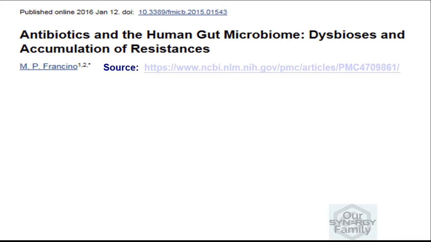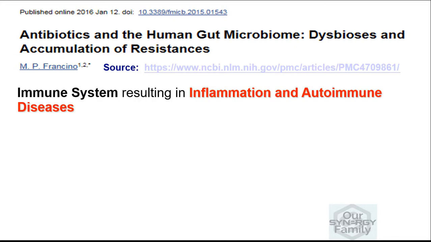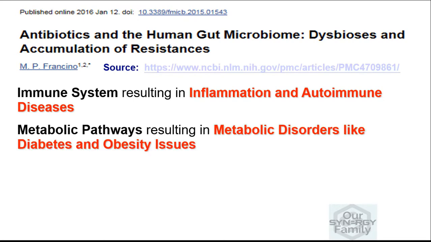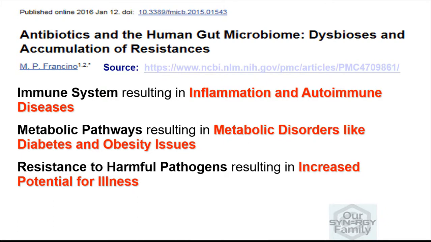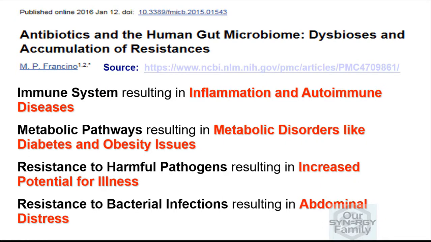This overexposure has both short-term and long-term health consequences, especially as it impacts your immune system, resulting in inflammation and autoimmune diseases, metabolic pathways, resulting in metabolic disorders like diabetes and obesity issues, resistance to harmful pathogens, resulting in increased potential for illness, and resistance to bacterial infections, resulting in abdominal distress.